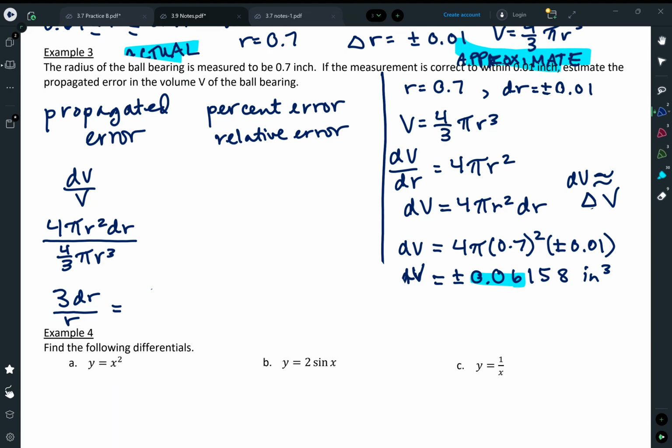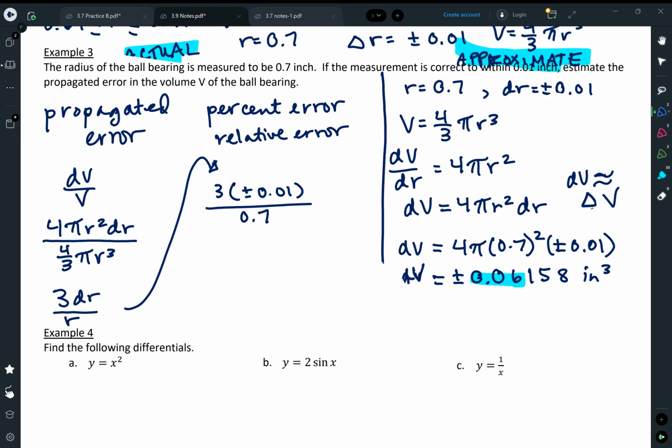I feel like I should keep working downward, but I ran out of space. This would be, let's see, 3dr would be 3 times the plus or minus 0.01 divided by the r itself, which is 0.7.